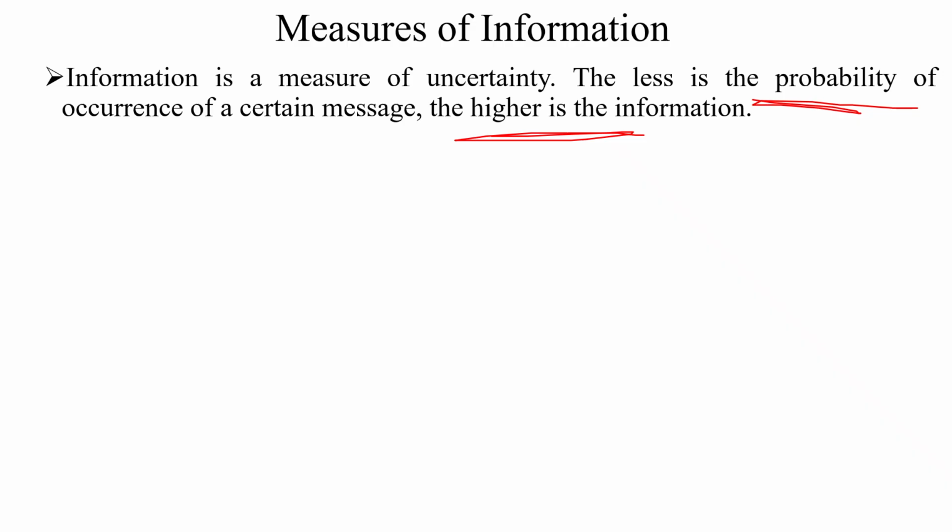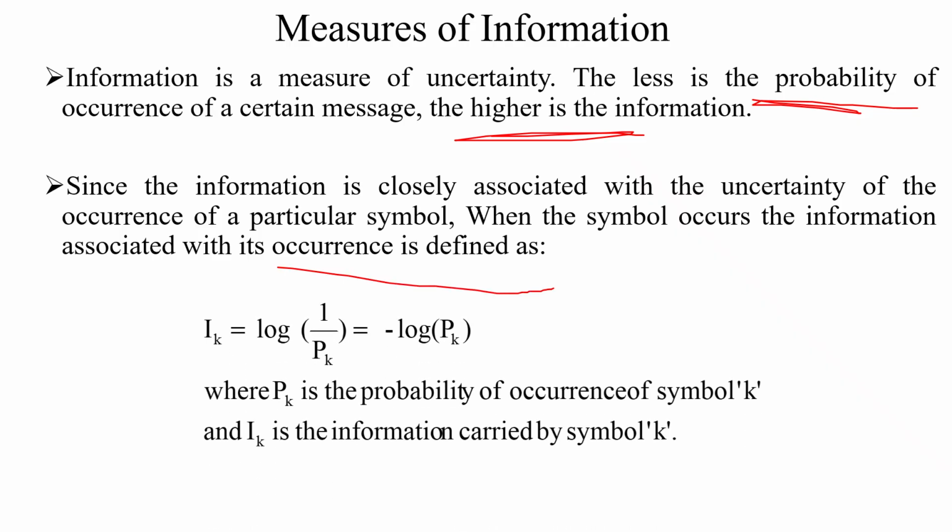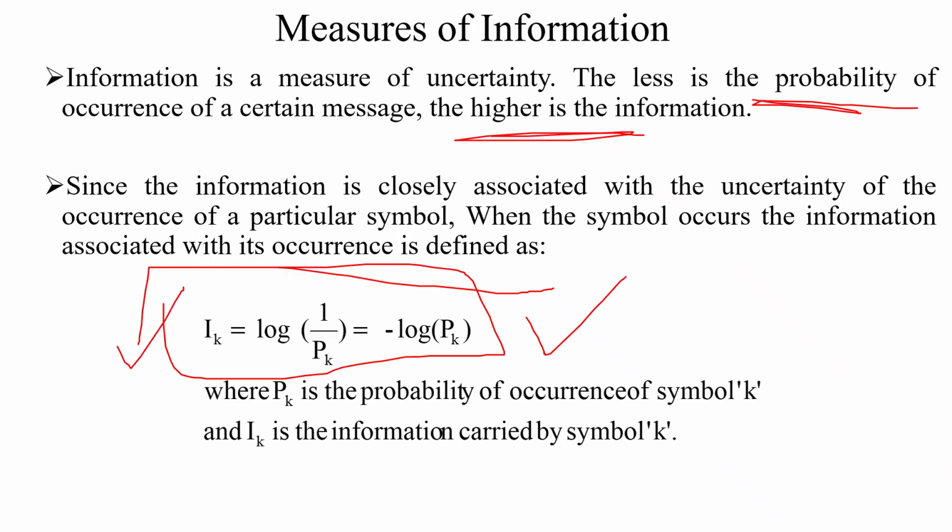So inversely proportional, that's exactly what we saw. Since the information is closely associated with the uncertainty of the occurrence of the particular symbol, when the symbol occurs, the information associated with its occurrence is defined by this equation that we have already seen in the previous slide. This is the most important equation that you have to remember.